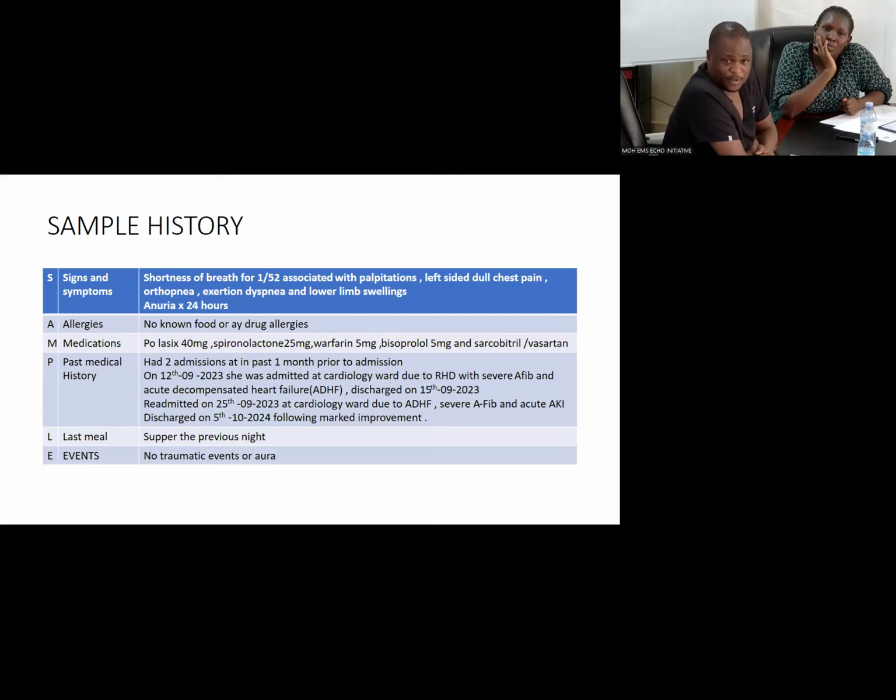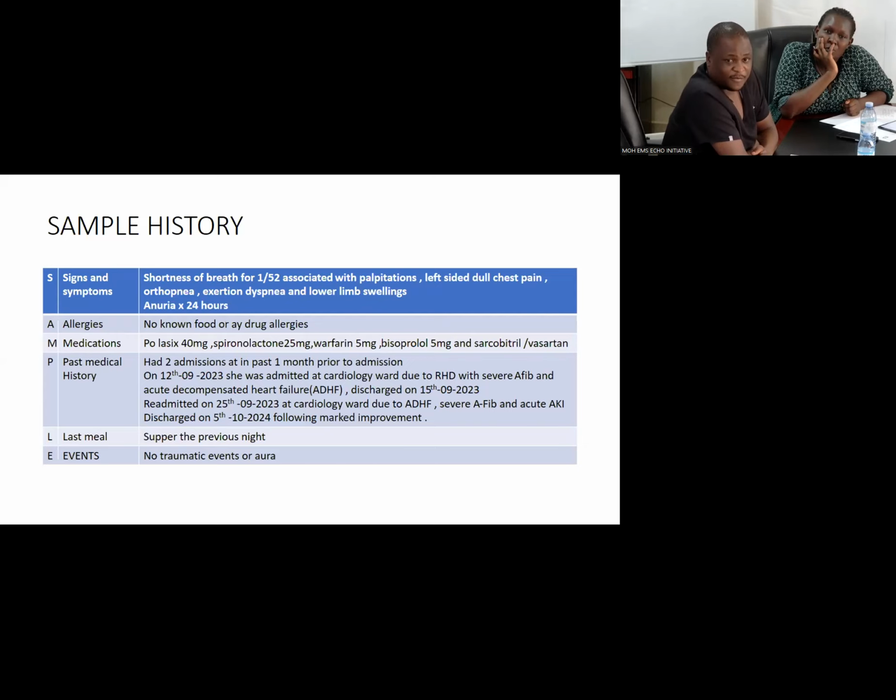Then after 3 weeks, she was admitted by the medical emergency with similar symptoms of heart failure. She had severe atrial fibrillation with acute kidney injury. By then, she hadn't passed urine for over 3 days.